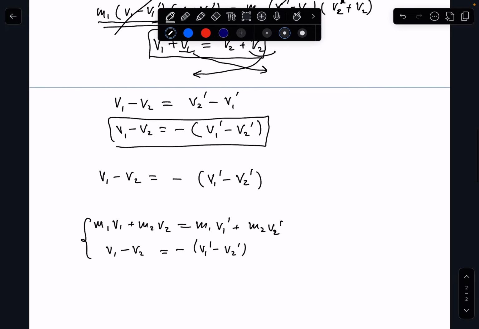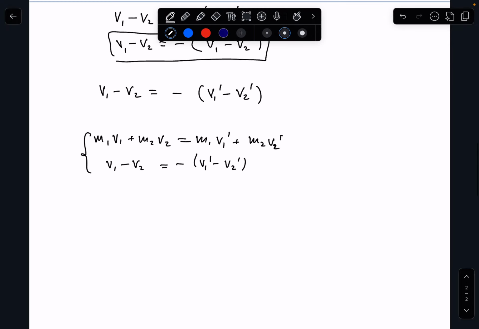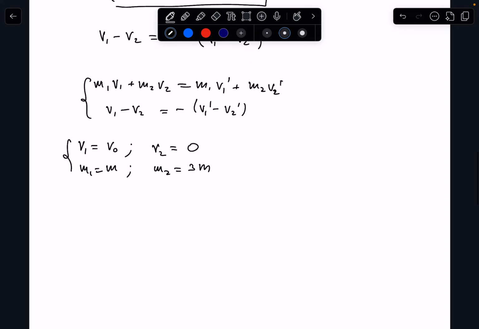Let's solve the above problem using these. So we have v1 equals v0, the block velocity v2 equals 0, m1 equals m, m2 equals 3m. Now we can solve the problem.